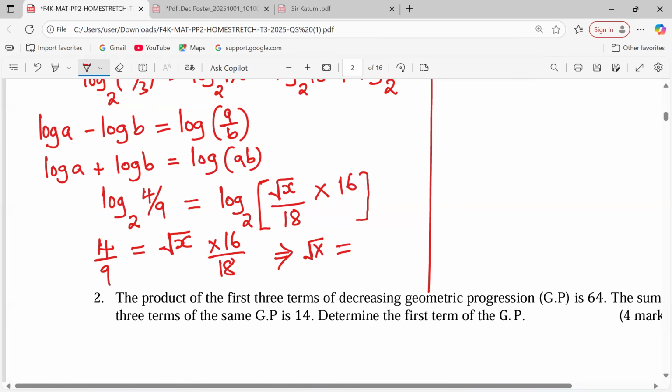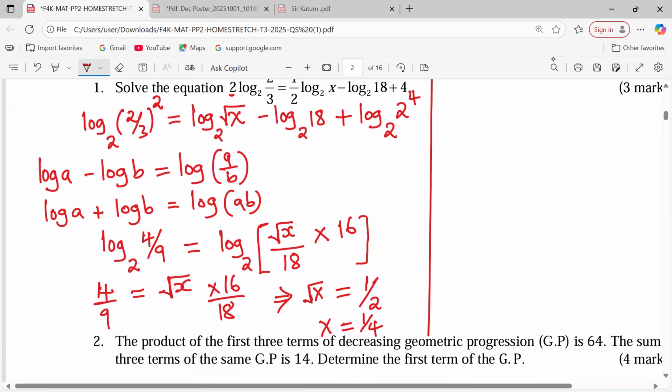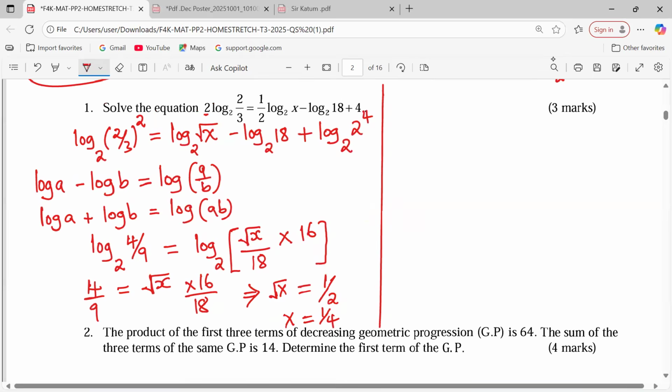Yeah, by 18 over 16. This gives us the square root of x equals half, so for us to get x, we should square both sides, and x shall be equal to a quarter. So that's how you work out such an interesting question.